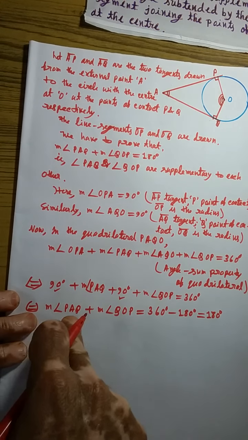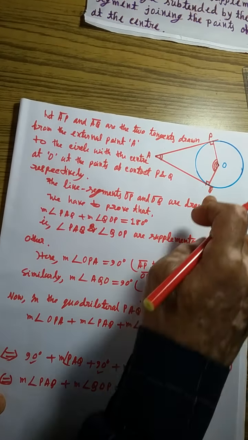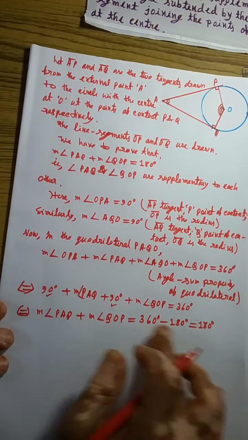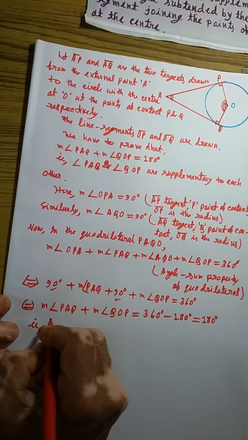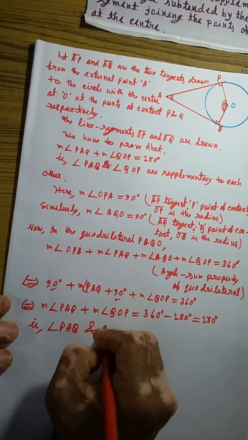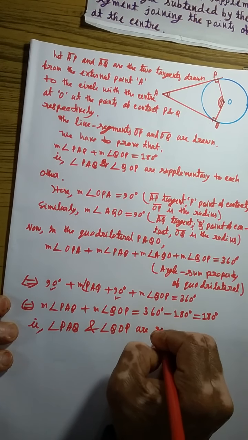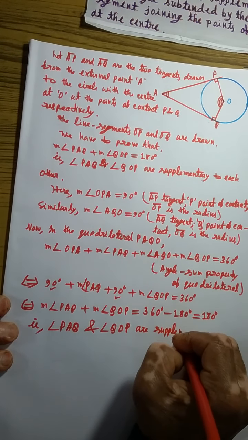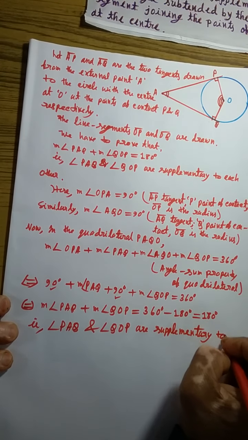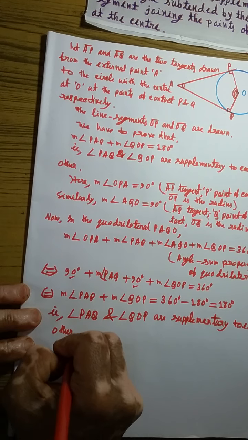At last we have got measure of the angle PAQ plus measure of the angle QOP to be equal to 180 degrees. That is, angle PAQ and angle QOP are supplementary to each other. Proved.